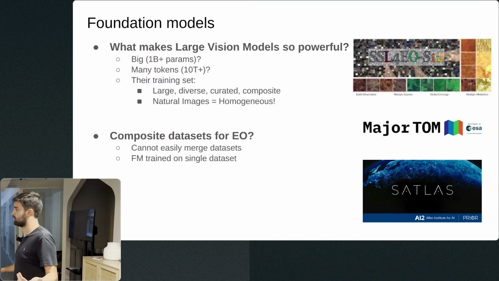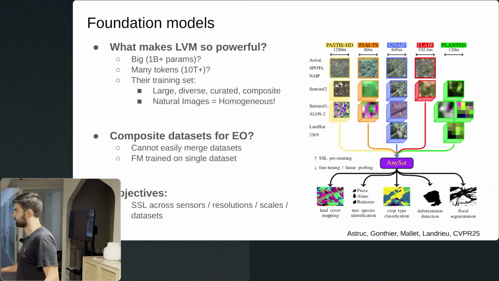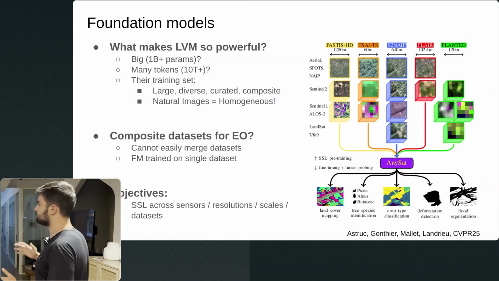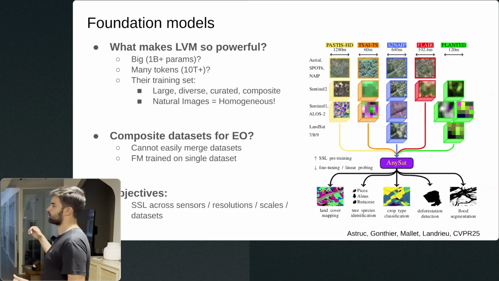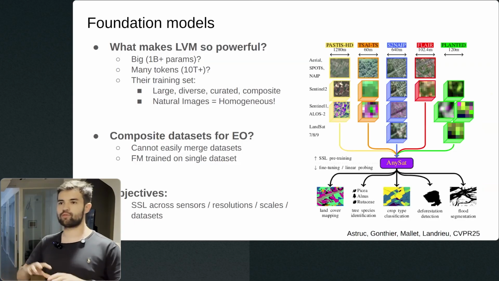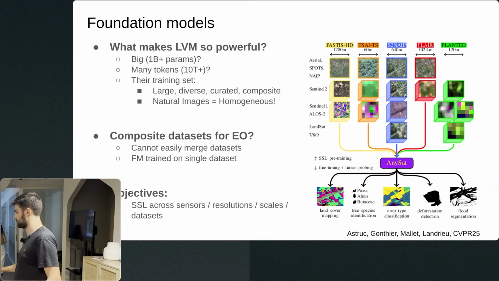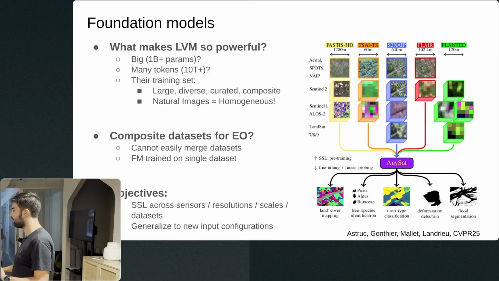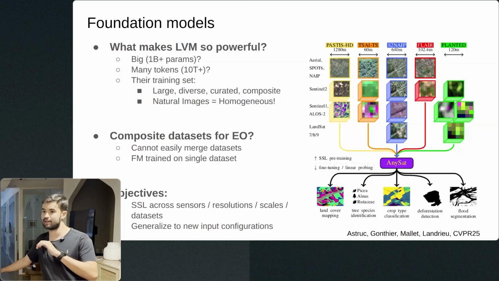And this makes them not that useful. So what we want is to do self-supervised learning across different sensors, resolutions, scales, and data sets to have the most versatile possible foundation model, that is also going to be able to generalize to new input configurations that it has never seen.